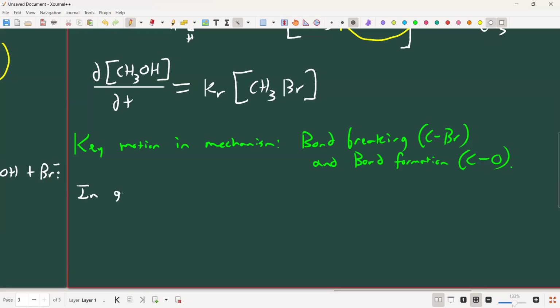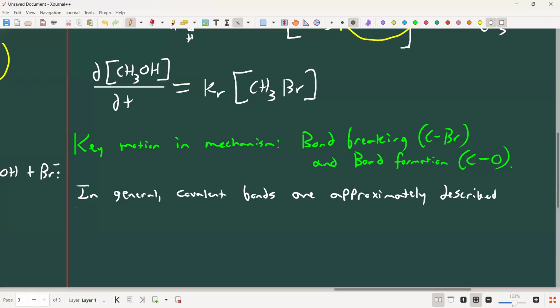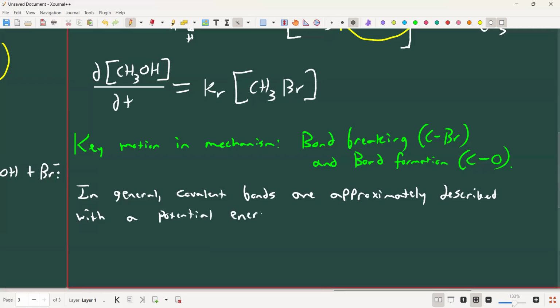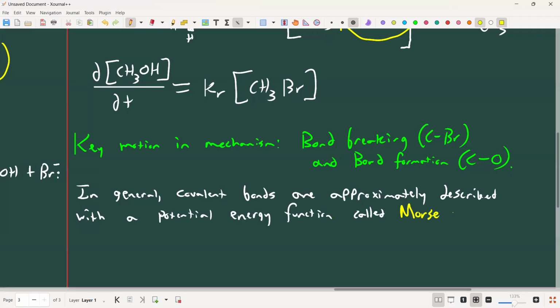In general, covalent bonds are approximately described with a potential energy function named after the white guy who came up with it, the Morse potential.